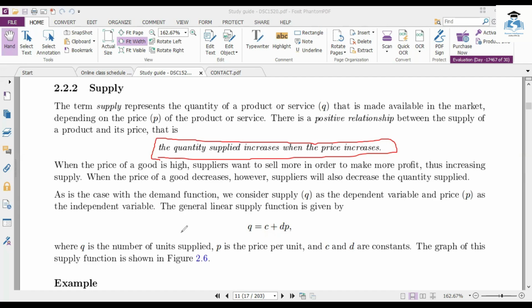So if you are the one producing those products, no matter how you increase the price, you will still be able to supply. Why? Because you are the only one who is producing that. There are no substitute products being offered on the market.